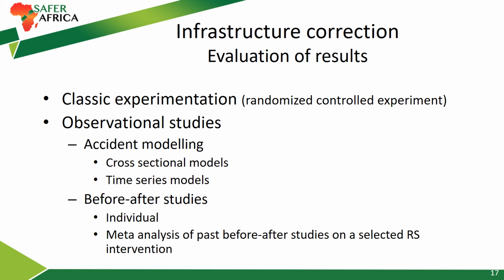Before-after studies may be used at an individual level, studying a set of road safety interventions individually. Given the results from a series of before-after studies on a given type of road safety intervention, a meta-analysis may be also applied to improve the calculation robustness of its anticipated effects.